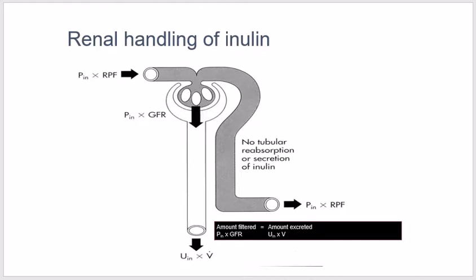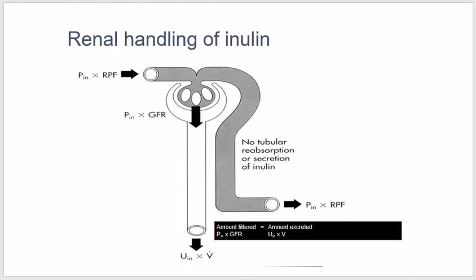The plasma concentration is 1 milligram, or it is 125 milligram per ml, and the urine flow rate is 1 ml. As the inulin passes into the urine, the inulin clearance is calculated as the urine excretion rate of inulin divided by the plasma concentration.